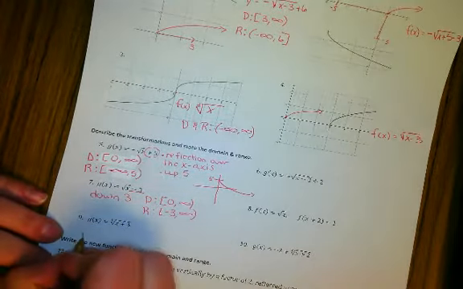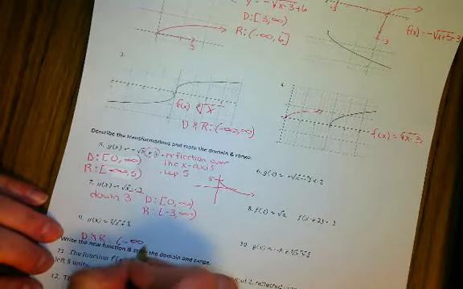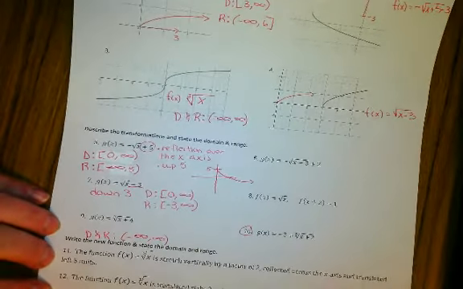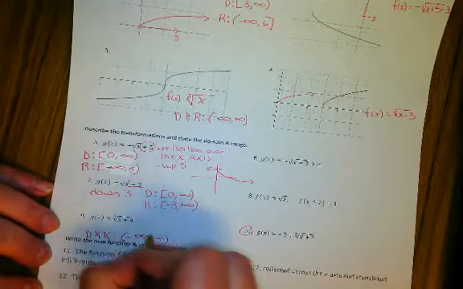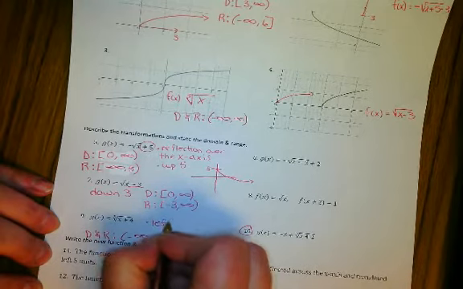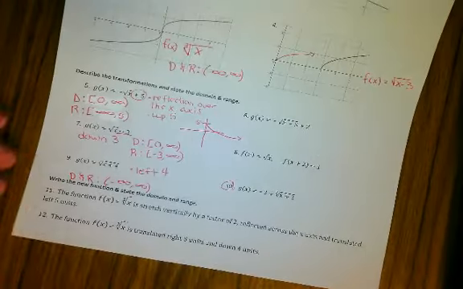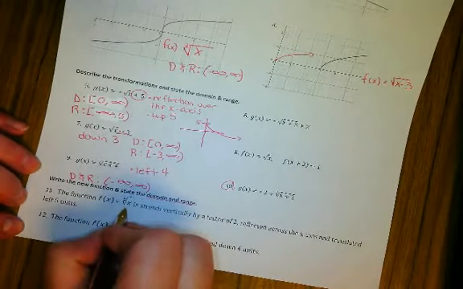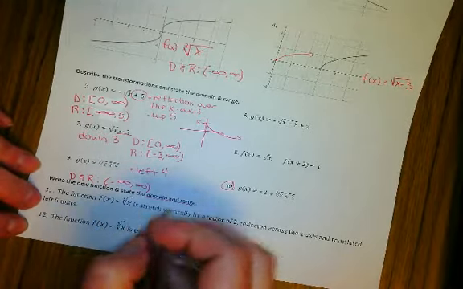Now, for cube roots, remember the domain and range will always be negative infinity to infinity, so that'll be for number 9 and 10. Now, on number 9, it says x plus 4, so this one is actually going to shift left 4. All right, down here for the cubic function, again, your domain and range is always going to be negative infinity to infinity, all real numbers.